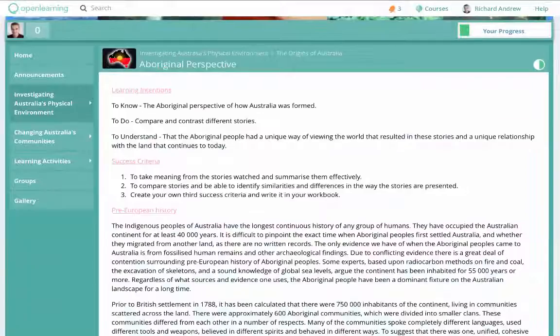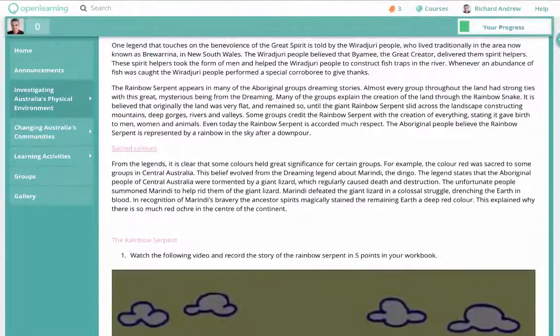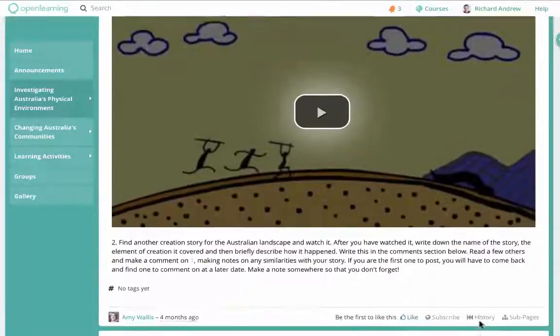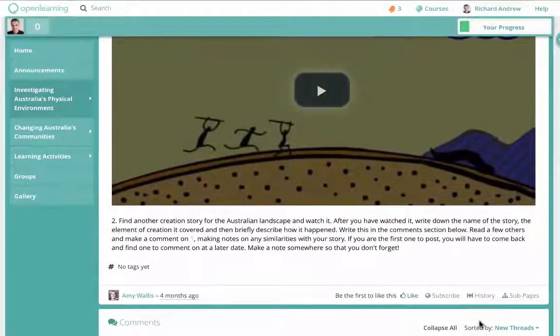We moved on to looking at Aboriginal perspectives next. So this was the section that we looked at, the Aboriginal perspective of Australia's origins. It gave them some information. There's quite a lot of reading to do, and I think that it's still really important that they do some reading. They had to watch a video and create a 5-point summary in their books, and then they had to find another creation story and watch the video.